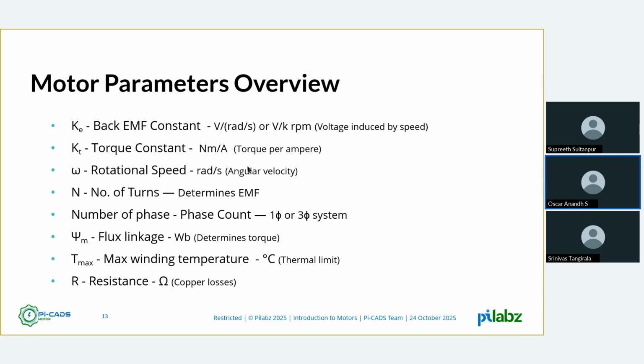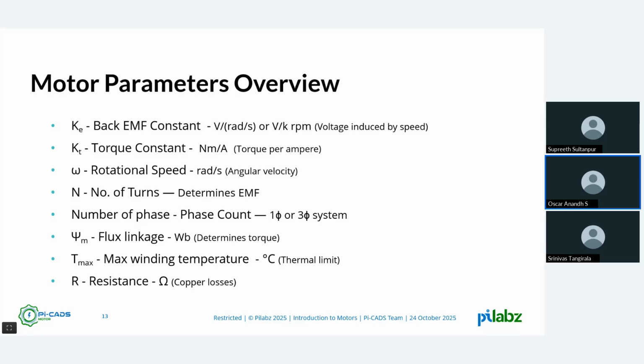And KT is how much torque the motor produces for each ampere of current. And omega is the angular velocity, how fast the motor shaft rotates. And this is the number of turns, the number of wire turns in the coil.